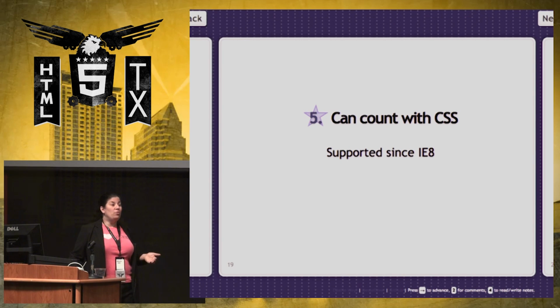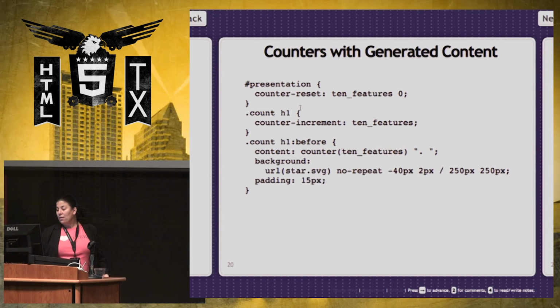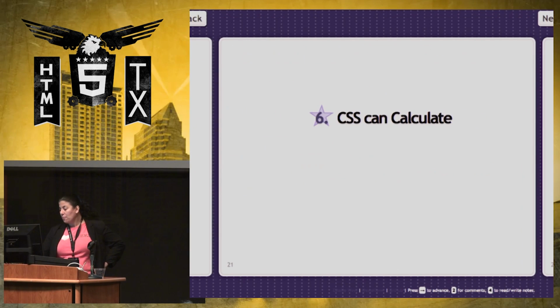And so we've only been using ordered lists, right? So we're sticking everything in an ordered list. You don't actually have to put it into an ordered list. You can just count all your H1s. You can count all of your H2s and reset every time you hit an H1. So you could put the counter reset of paragraphs in your H1, and it would reset the counter every time it hit an H1. So that's counting with CSS.